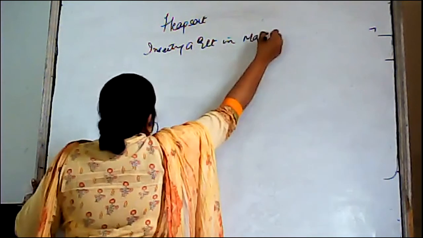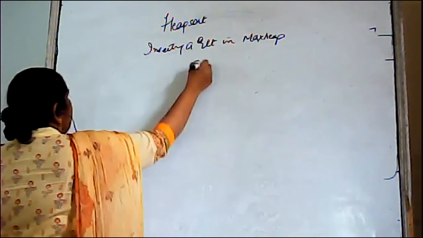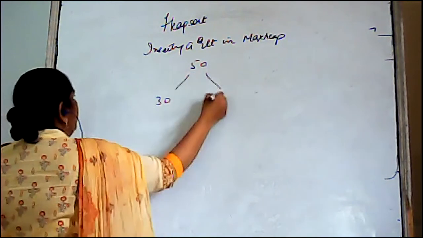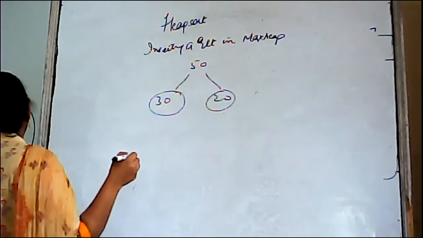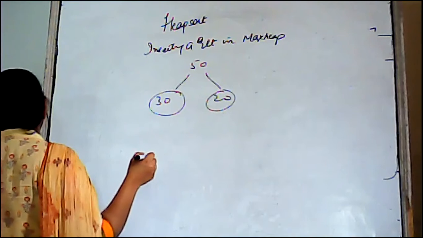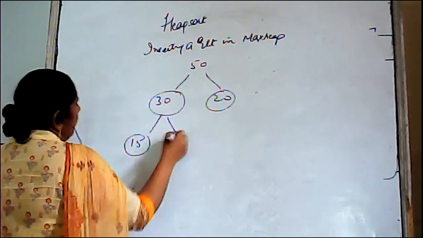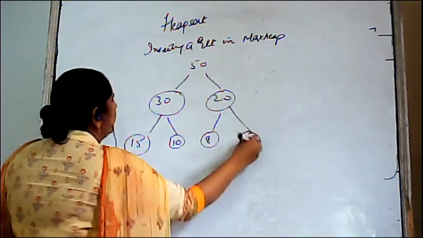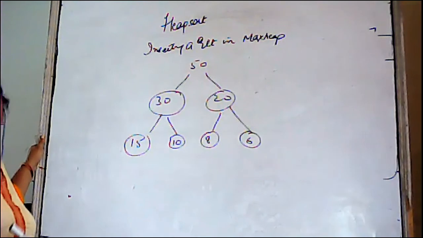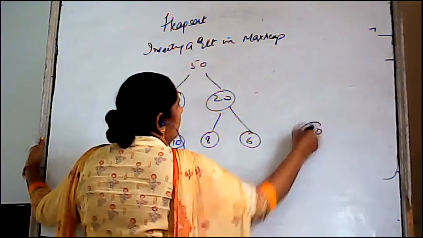For example, we have been given this: 50, 30, 20, then we will take 15, 10, 8, and 6. Now this is a full binary tree or a complete binary tree which has all its levels full.